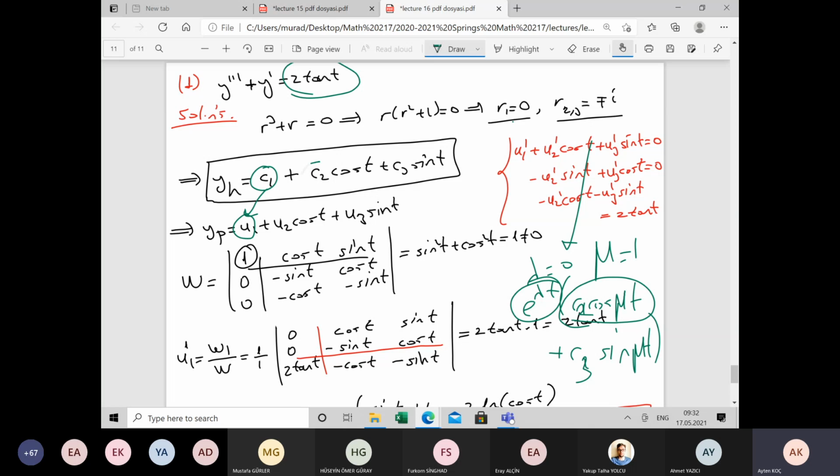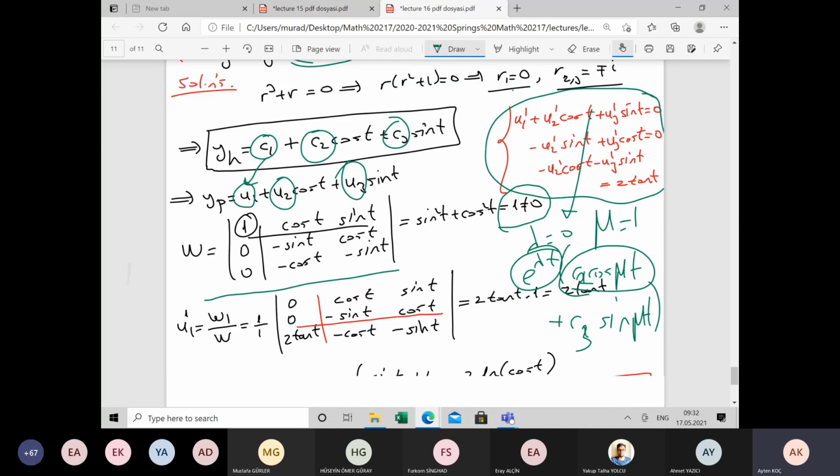Write the equation, design this system, and compute the Wronskian determinant. The Wronskian determinant is 1, non-zero, so use Cramer's rule. So we obtain u1 prime, the first unknown. u1 prime is 2 times tangent t, integrating both sides.